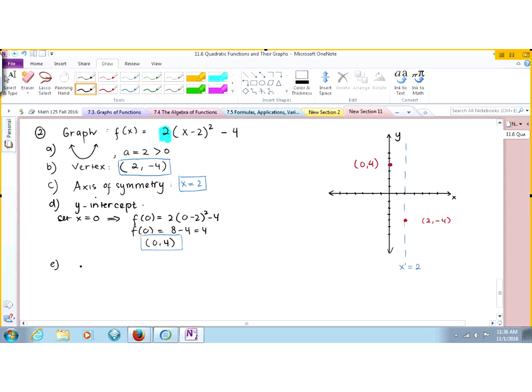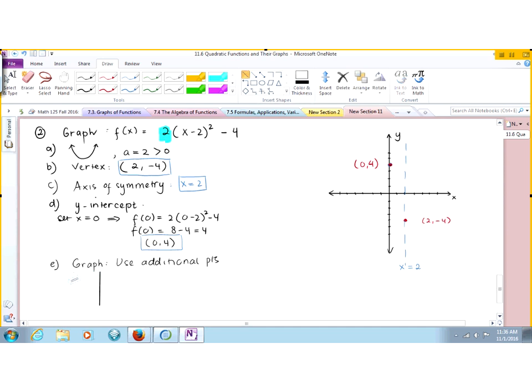So what about if I want to graph using additional points? So this is finding additional points. What points do you think I will use? Any idea?